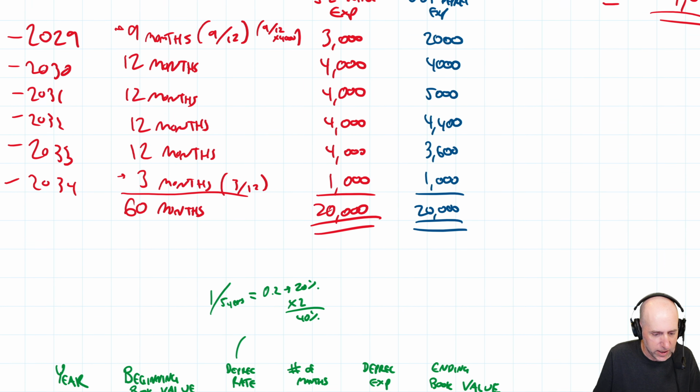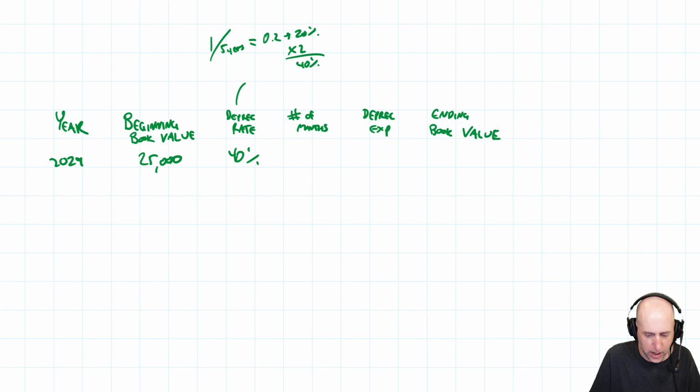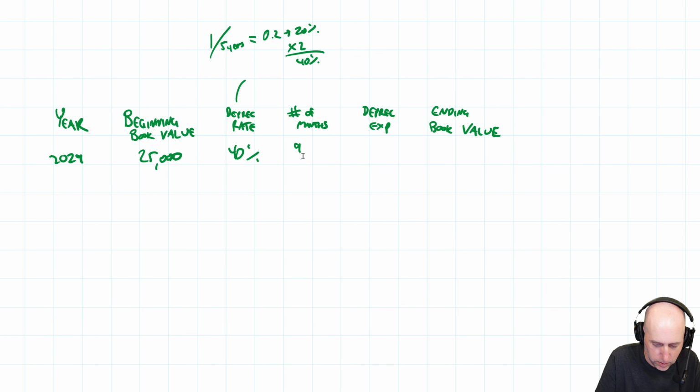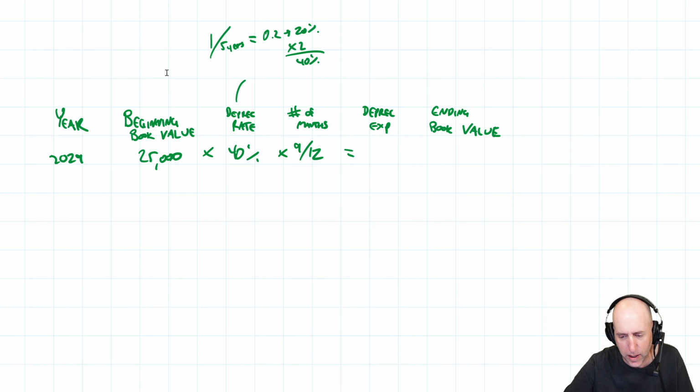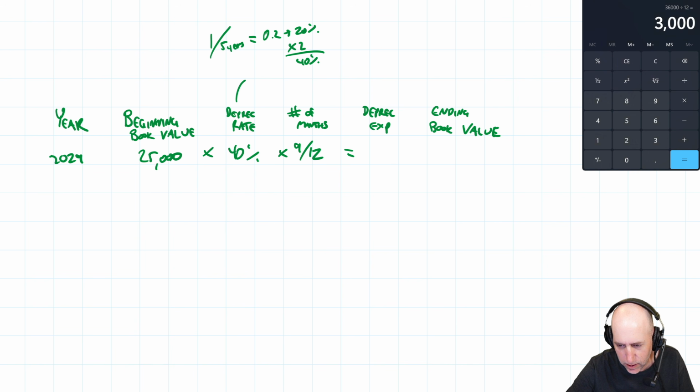Number of months in 2029, 9 months. We already had the number up above. We bought it on March 31st, so 9 months to December 31st. So how do I figure out my depreciation expense? I multiply across. Let's see if I can get a calculator to be in the right spot for me.